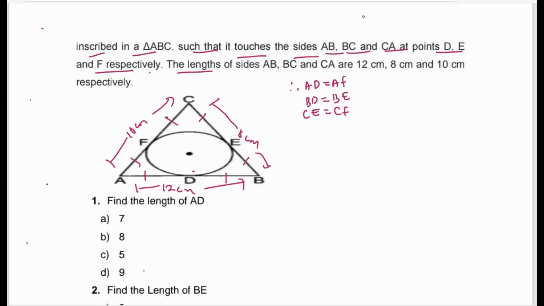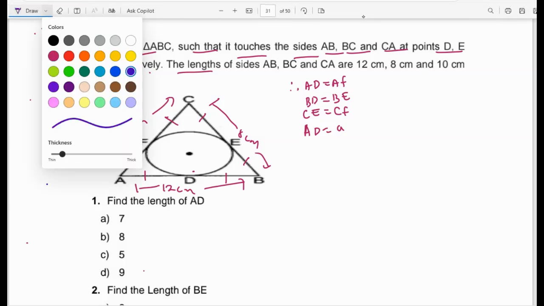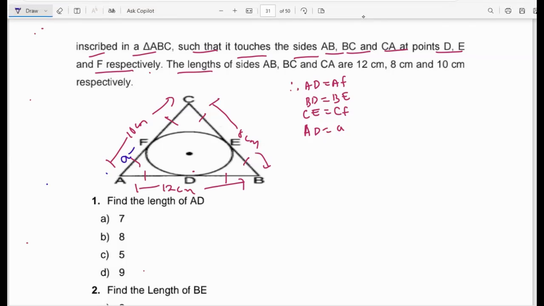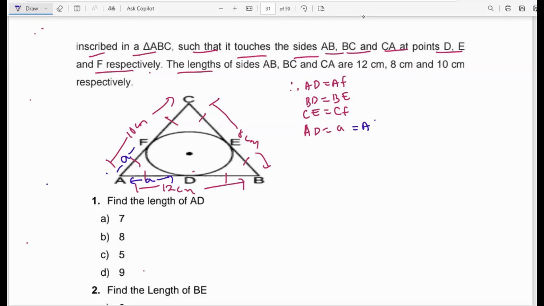Now let us consider AD equals a. I'll change the color. So let me take AD as a, which means AF is also a.